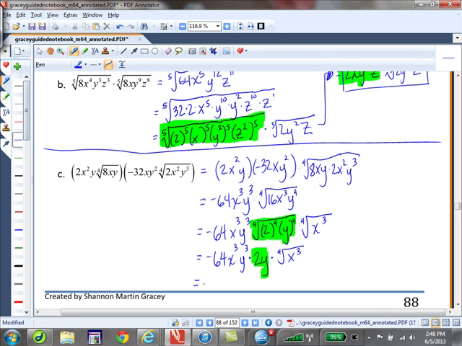So then we will get negative 128 from the negative 64 times 2 x cubed y to the fourth, and then times the fourth root of x cubed, and we're done.